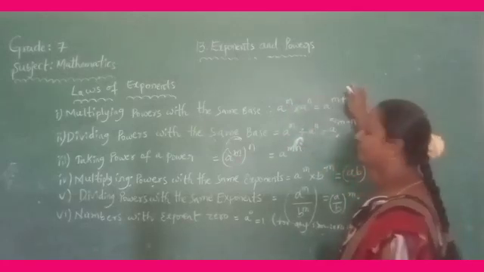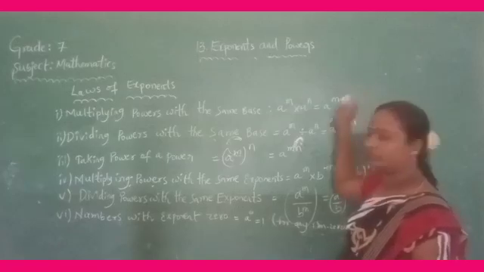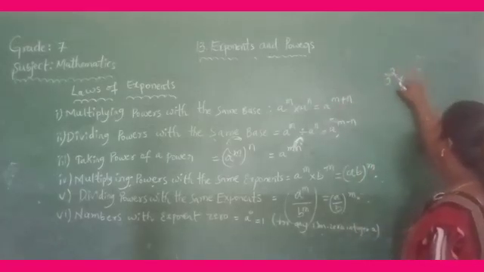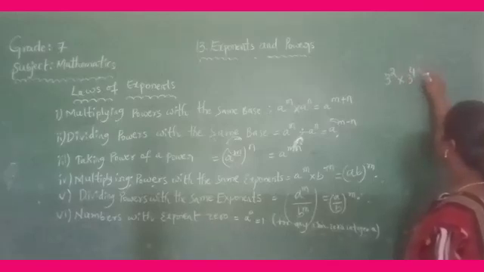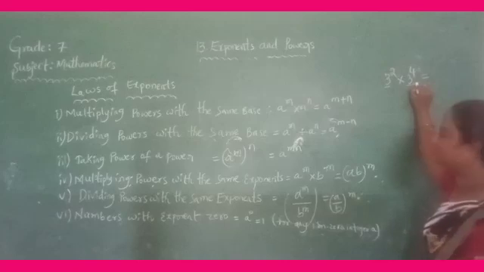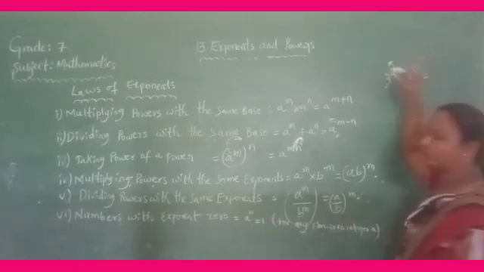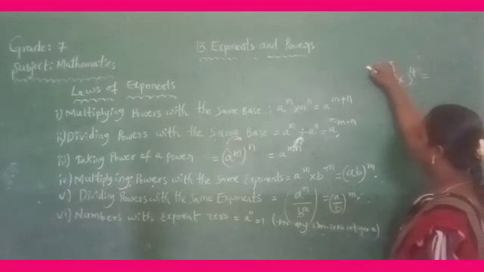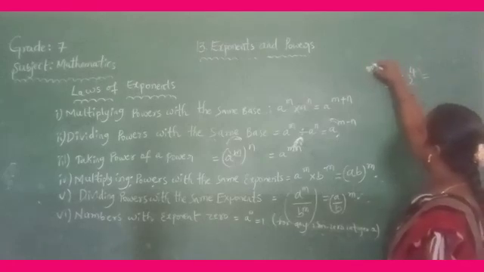For example, 3 square into 3 to the power of 4. Here 3 is the base, here 3 is the base. And what is the exponent or power? Here the power is 2.